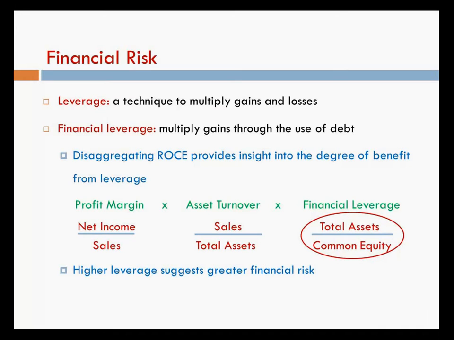Financial risk relates to what we were talking about before, financial leverage. Leverage in general is a technique to multiply gains and losses. We mentioned on Wednesday operating leverage, the idea of replacing variable costs with fixed costs: have fewer people working and machinery instead of people.